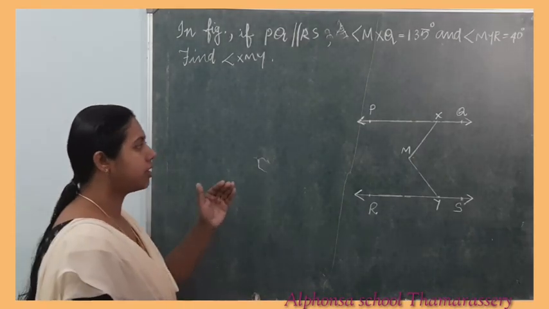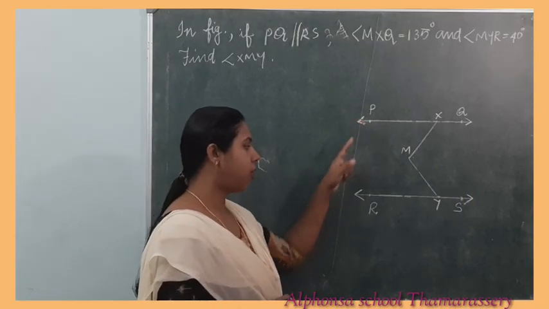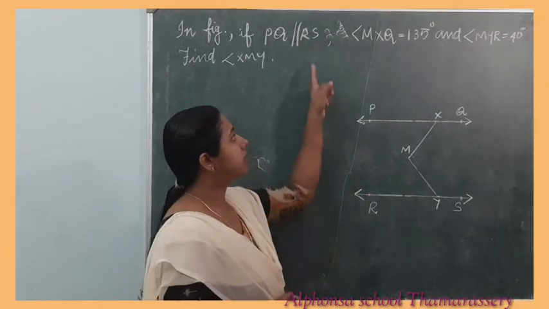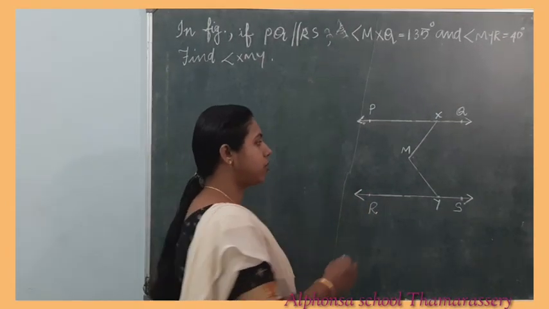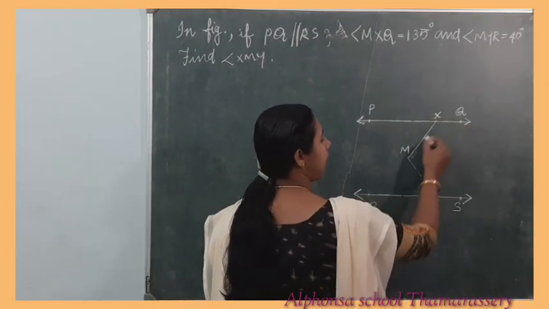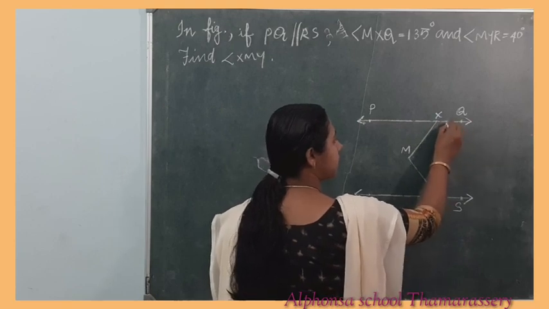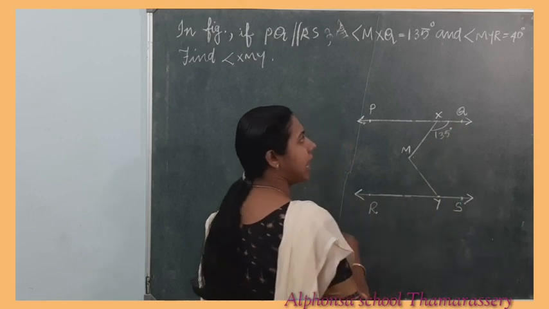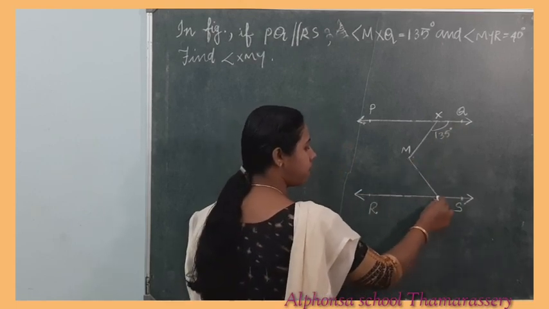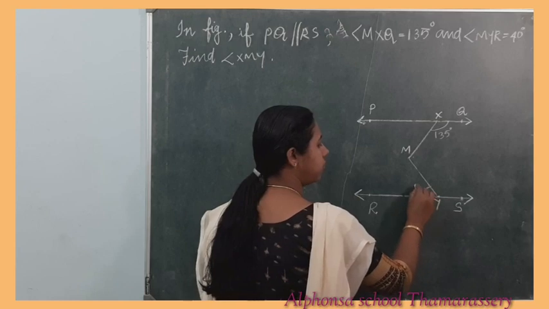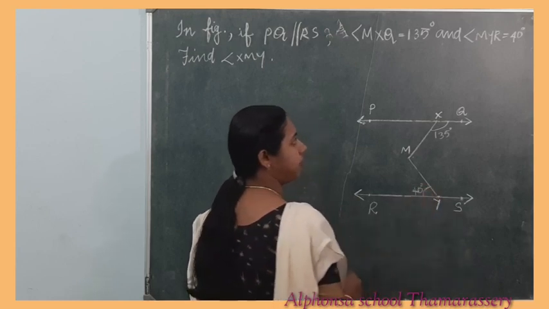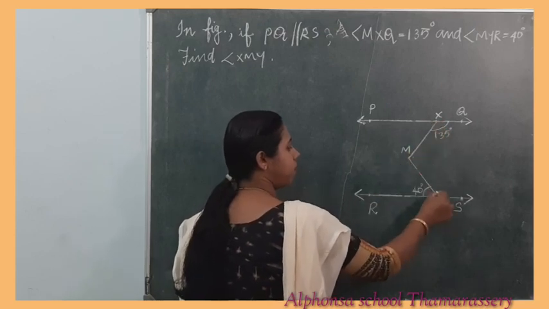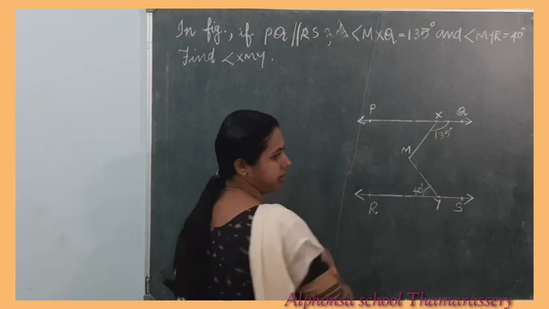In the figure it's given that line PQ is parallel to line RS, angle MXQ is 135 degrees, and this angle MYR is 40 degrees. We want to find angle XMY.